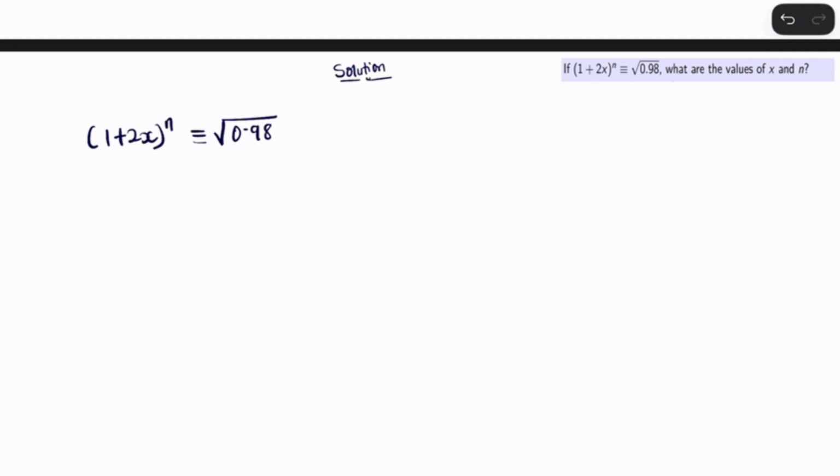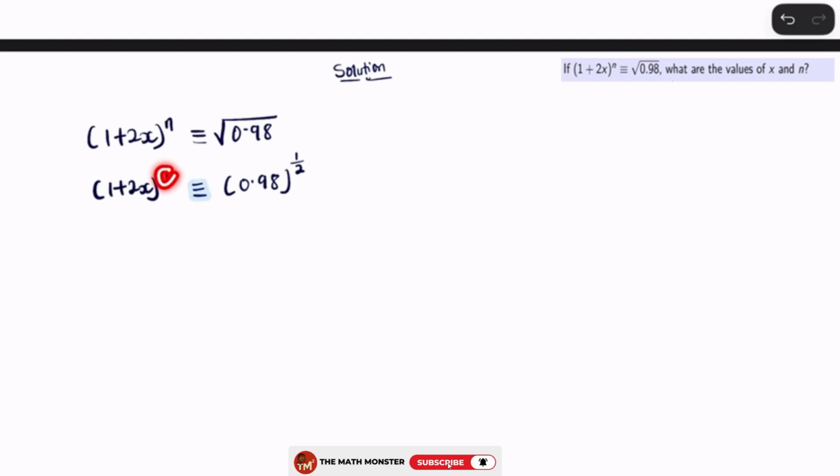So here we can rewrite the square root as exponent 1/2. And so this expression is (1 plus 2x) exponent n is equivalent to 0.98 exponent 1/2. And so here we can say that n should be equal to 1/2.